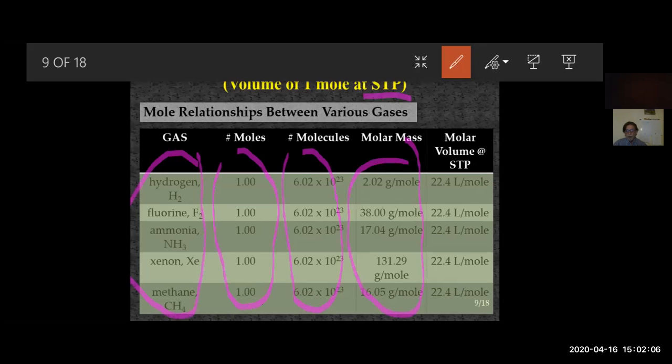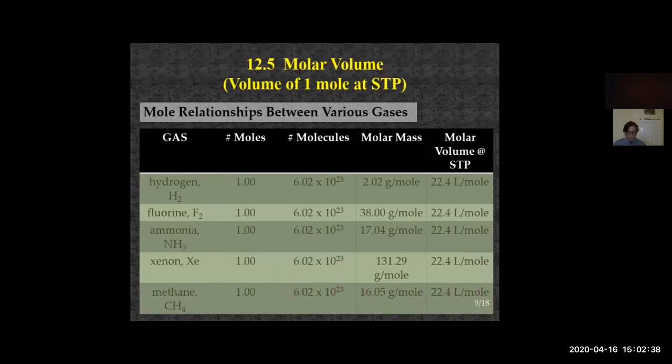But what they also all have in common is this relationship, the final column, that only at standard temperature and pressure, 1 mole of these gases will occupy a volume of 22.4 liters. Another ratio here that we can use. That way we can relate volume to moles at STP.